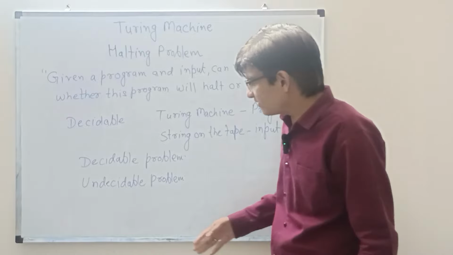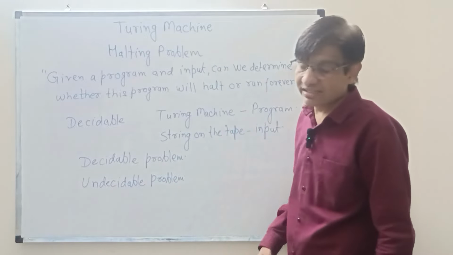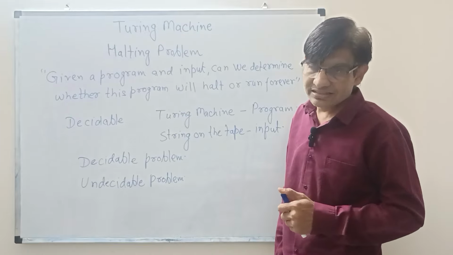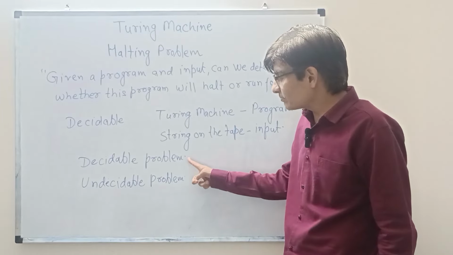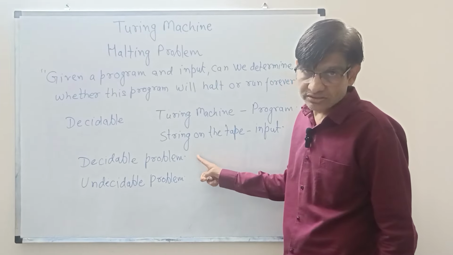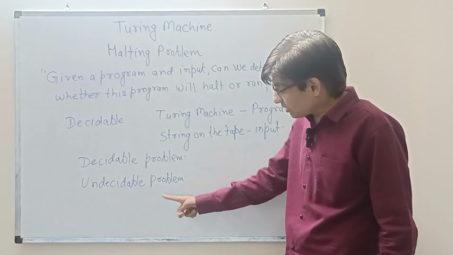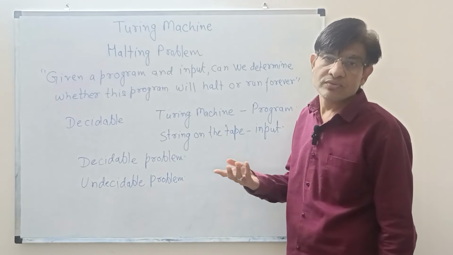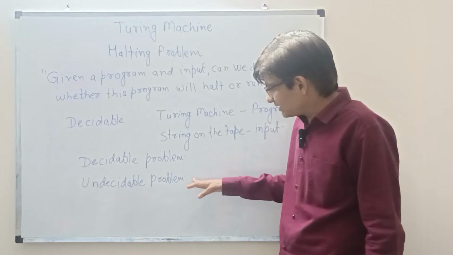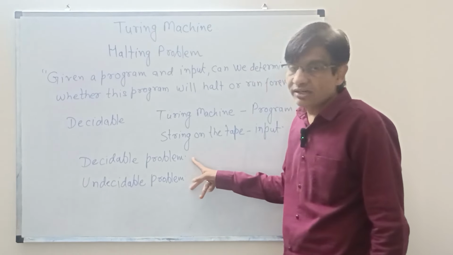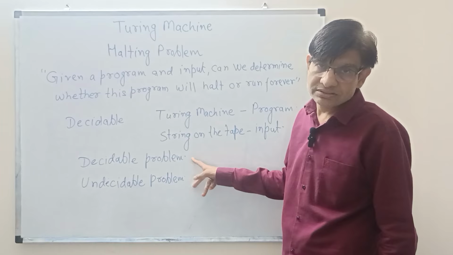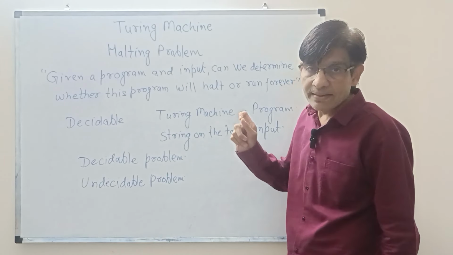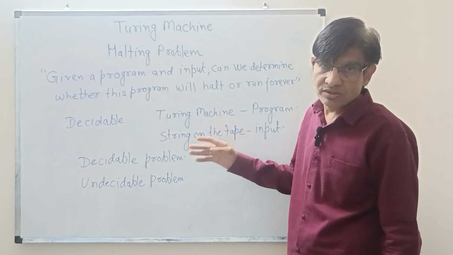And undecidable problems are the problems that cannot be solved with computers or machines. So all decidable problems we can solve with computers or machines, but undecidable problems cannot be solved with the use of computers. So these are two different classes of problems, or you can say two different types or families of problems.